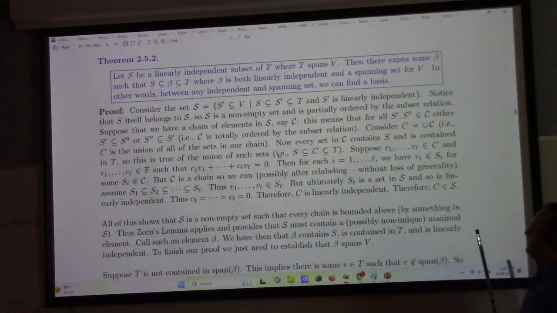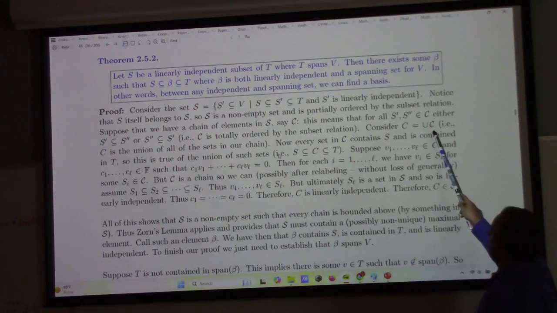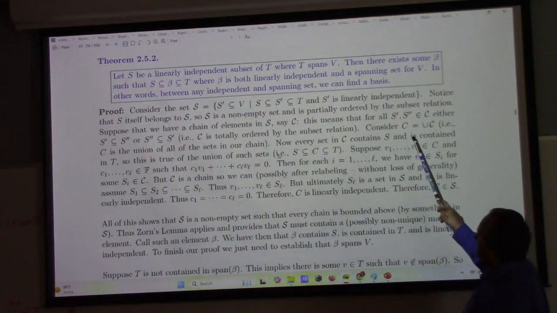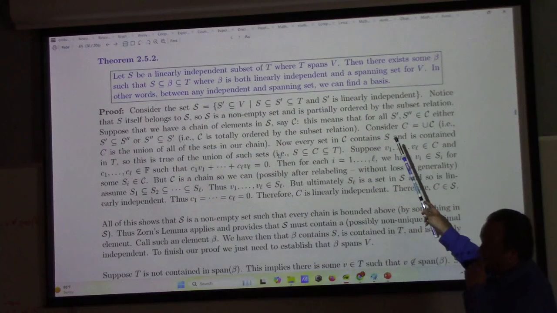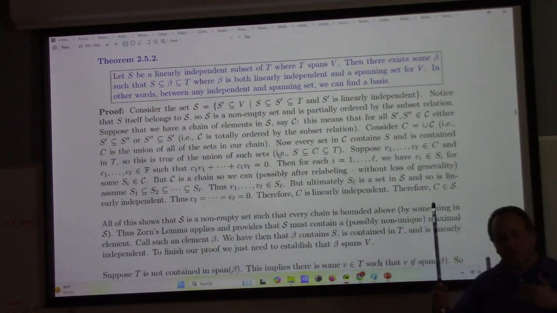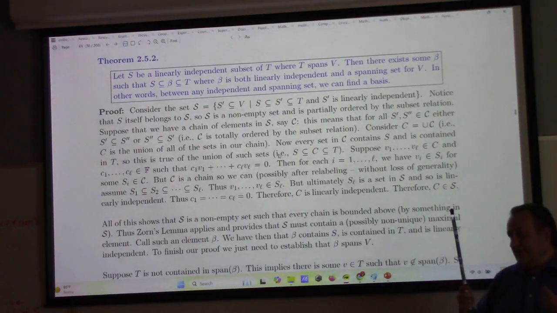So if we consider the union of all the sets that are in our chain, all right, then we can look at that. C is the union of all the sets in our chain. So every set in the chain contains S, all right? Every set in the chain also is contained in T. And if you think about that, if you take a union of sets with these two properties, union behaves exactly like you'd like with respect to containment and subset.